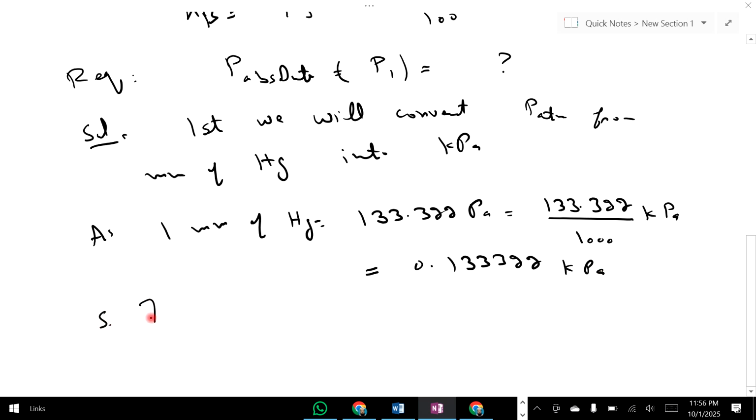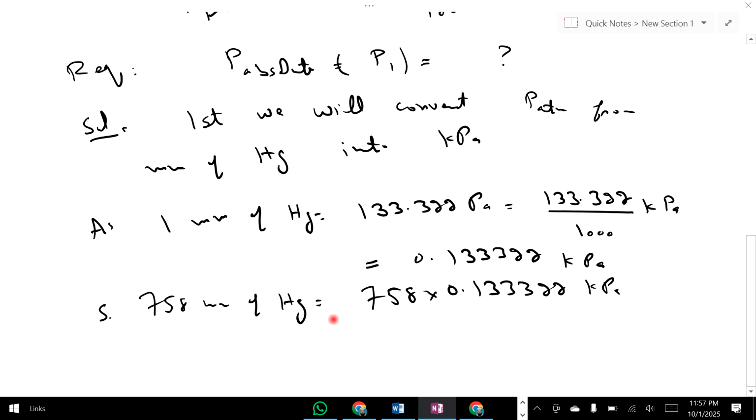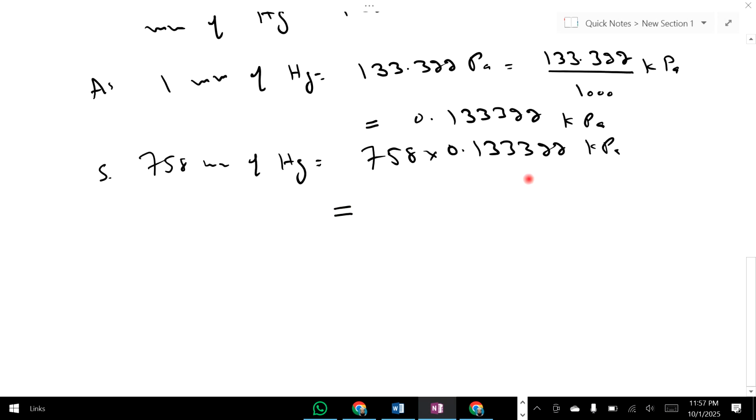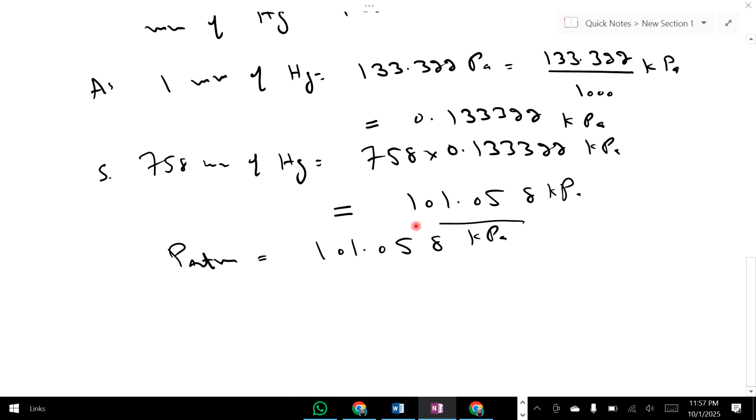So 758 millimeter of Hg is equal to 758 multiplied by 0.133322 kilopascal, which is equal to 101.058 kilopascal. It means that PATM in kilopascal is equal to 101.058 kilopascal.